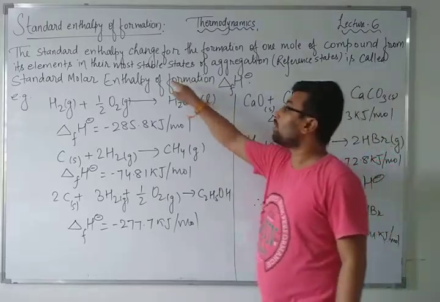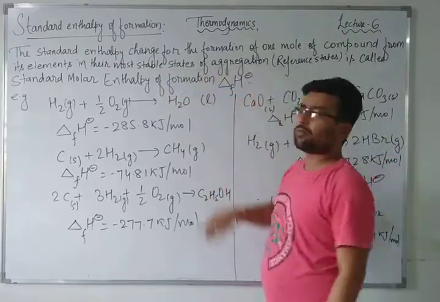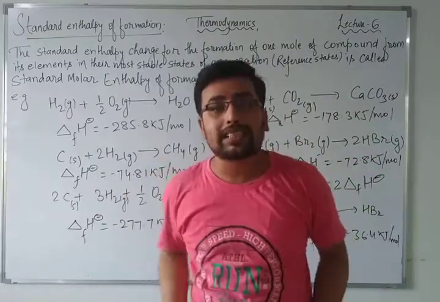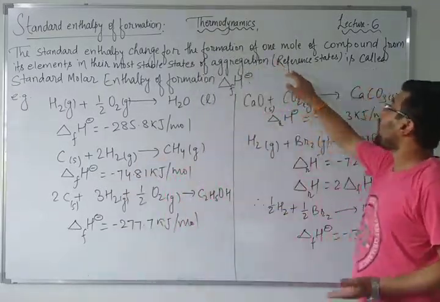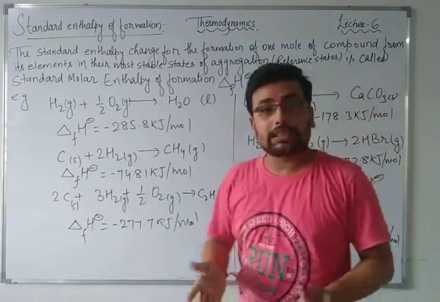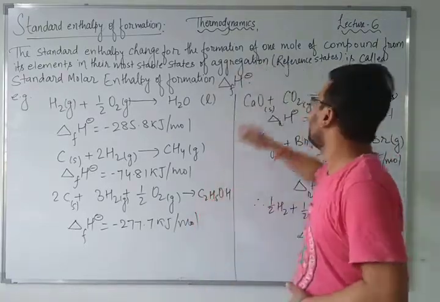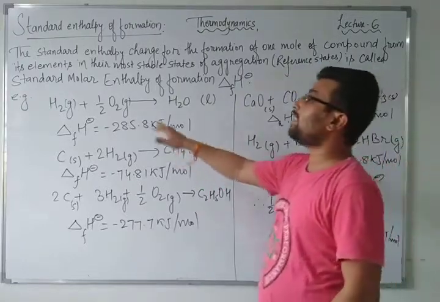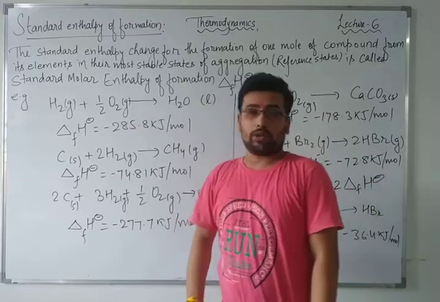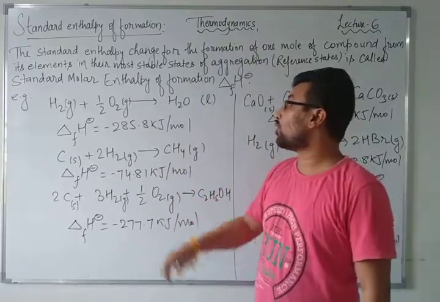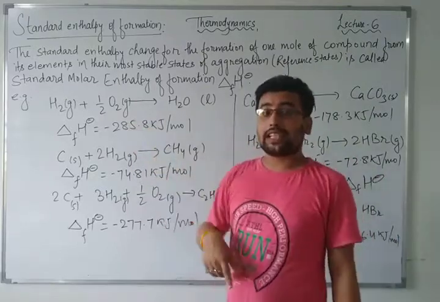In their most stable state of aggregation means the states which are stable, which can exist, and it is also known as the reference state. This most stable state of aggregation is known as the reference state, and this is also called the standard molar enthalpy of formation, which we discussed yesterday also.